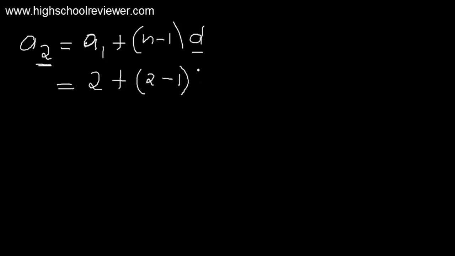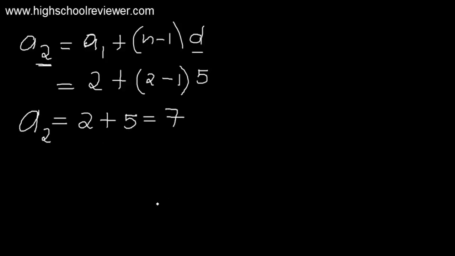So our d is positive 5. So we have here 2 plus 2 minus 1 is 1, and 1 multiplied by 5 is positive 5. So our a sub 2 here is equal to positive 7.